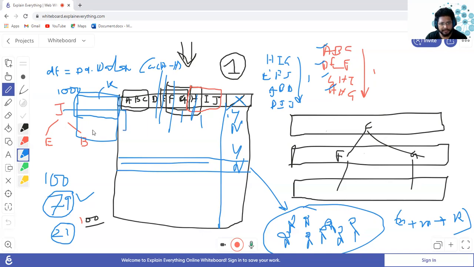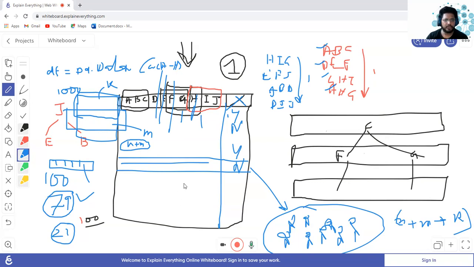Then again bootstrap this part and generate m decision trees. Then bring a new ABCDEFGH data point and see, from all these k plus m decision trees, what result is coming, which has the highest vote.